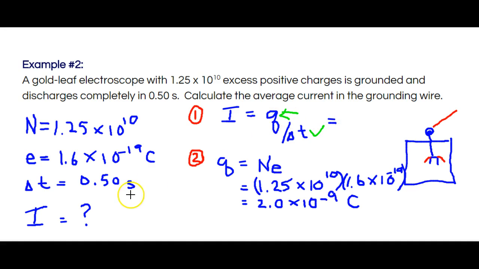So I know that my Q now is 2.0 times 10 to the negative 9 coulombs. And I'm going to divide that by my time interval, which was half a second.